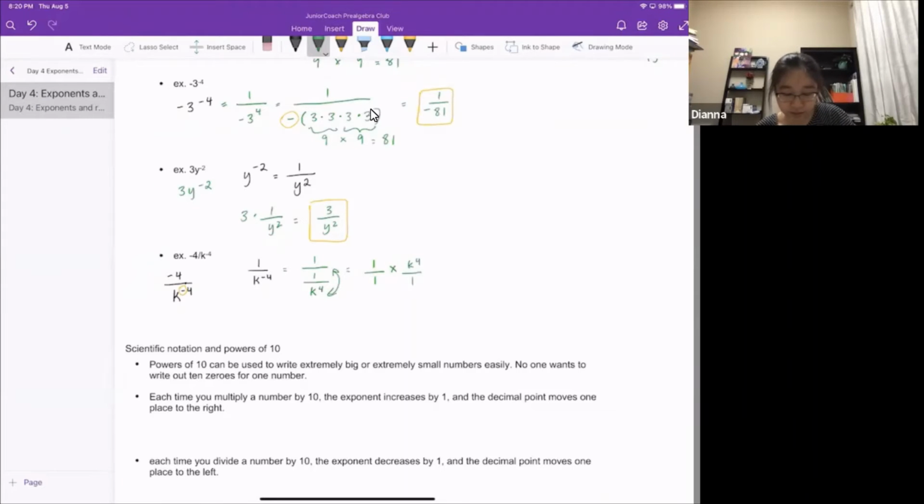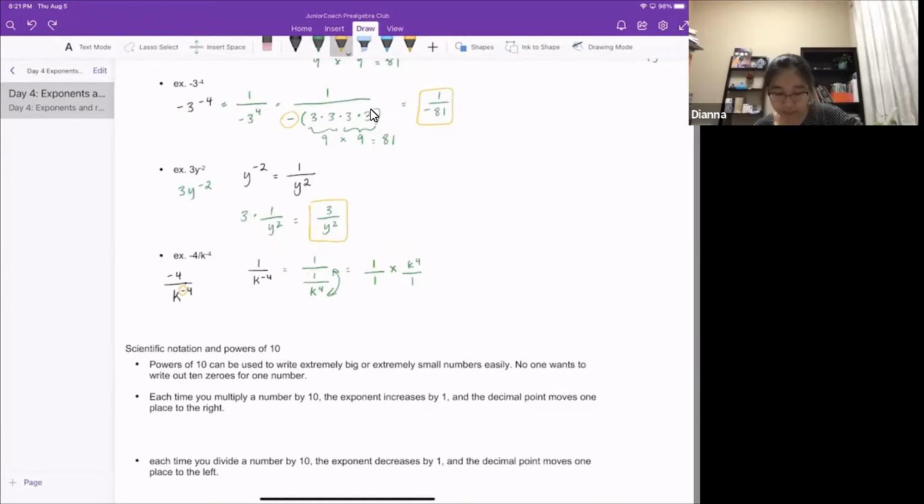So hopefully you see what I did there. When I divide a fraction, that denominator is always going to turn into the reciprocal. So I have 1. This and this are the same thing, right? And then this and this are reciprocals of each other. So now k to the 4th goes at the top, and the 1 goes to the bottom. So hopefully that makes sense.